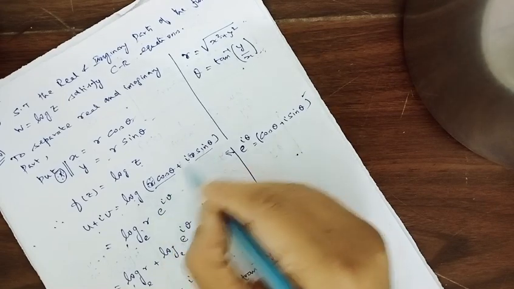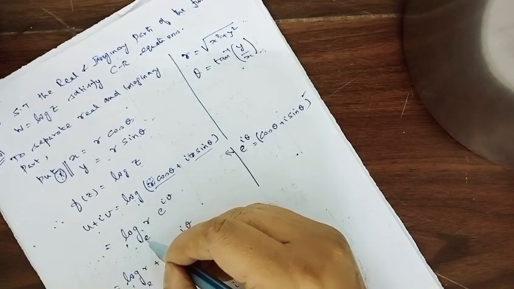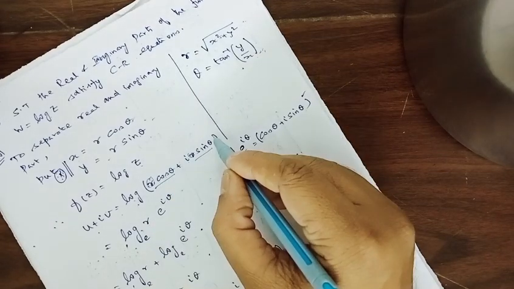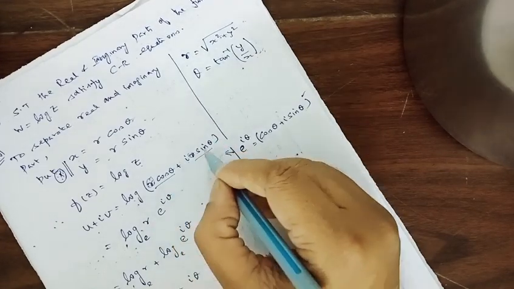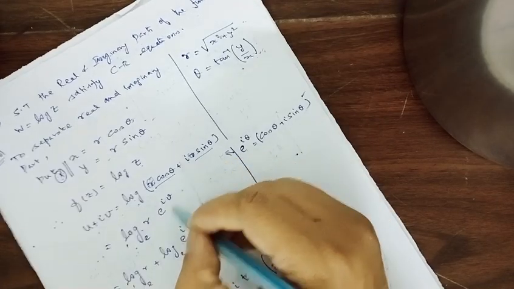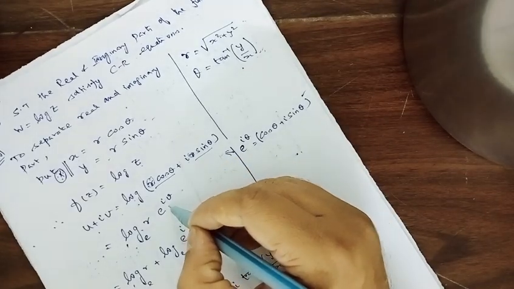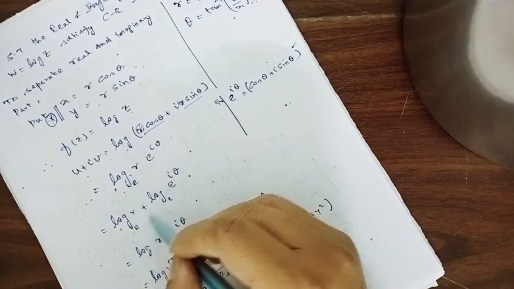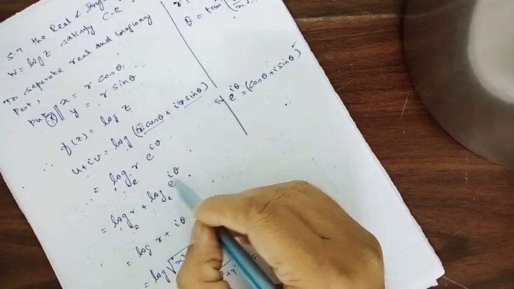So we take r out, therefore log to the base e of r, then the remaining term in the parenthesis is cos theta plus i sin theta. Cos theta plus i sin theta is nothing but e power i theta, therefore you substitute e power i theta here. Now it is very simple. So log r plus log e power i theta.